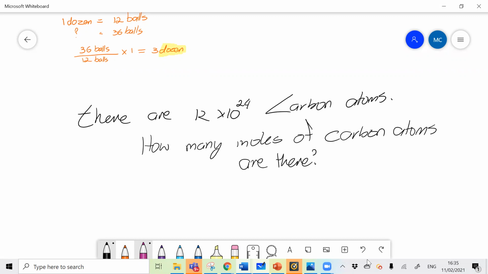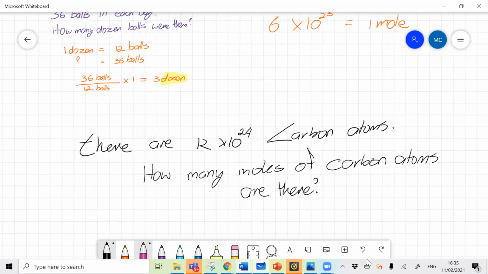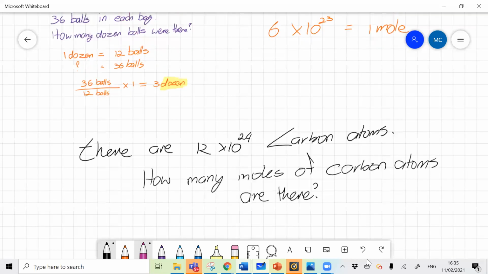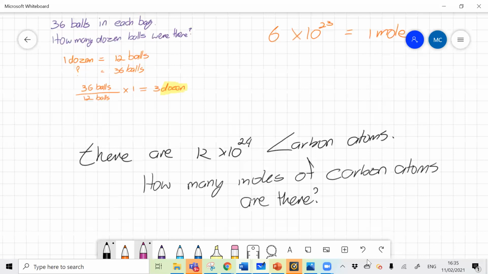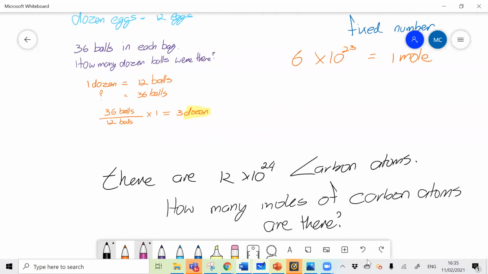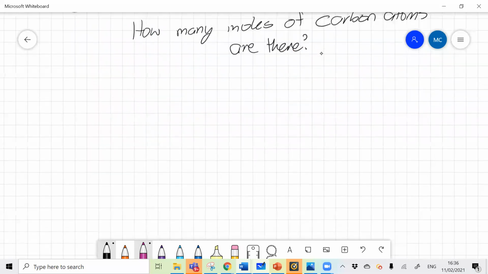Again, we're going to be using the same concept that we've done in the moles. Simple proportion. And I'm going to show you what we had done with the concept of the dozen with the footballs. Okay? So can you please try it out? So let's work this out now together.